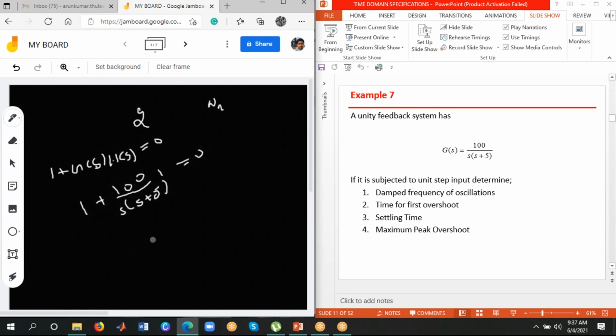So s square plus 5s plus 100 equals 0. From this equation, find the zeta value.